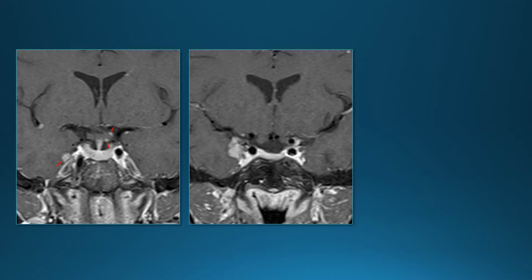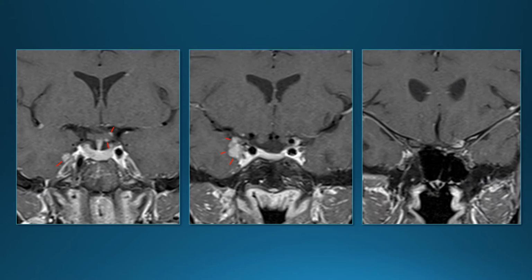Another slice shows a more pronounced area of enhancement adjacent to the cavernous sinus. And further anteriorly, we can see more enhancement around the left optic nerve.